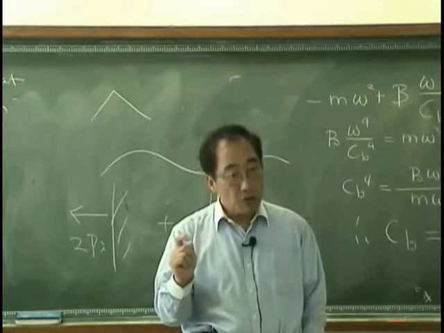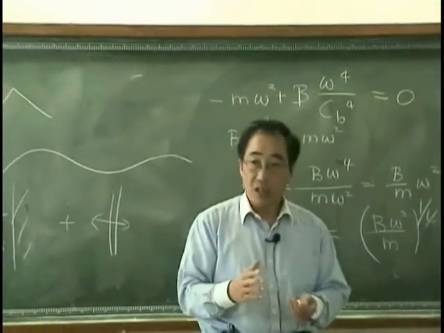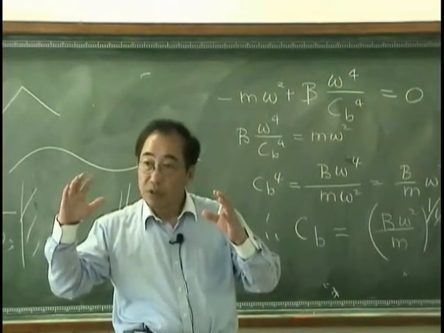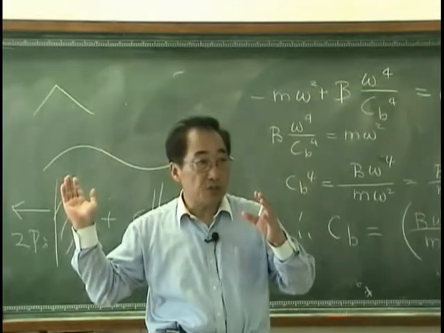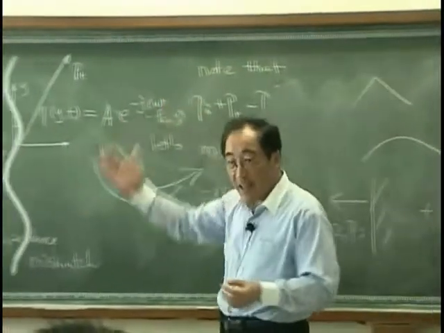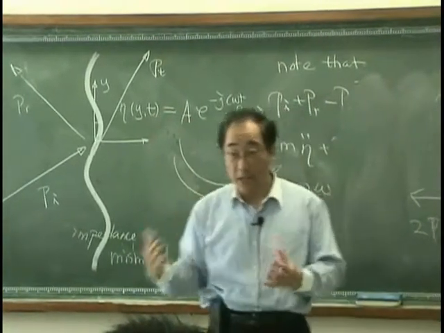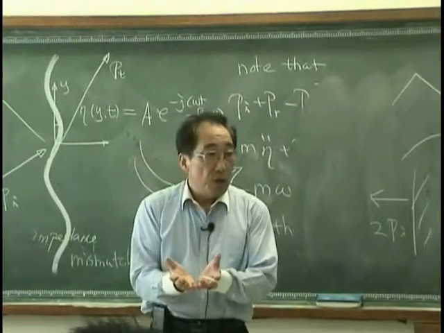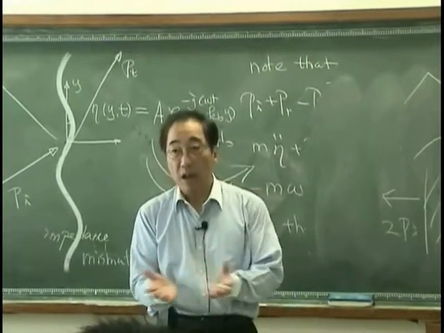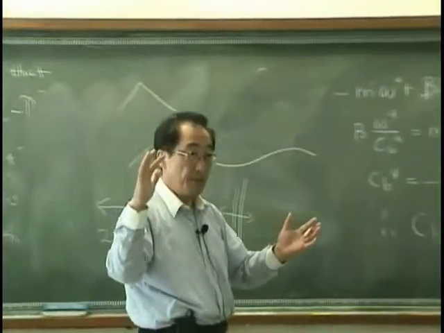Next question is, what if a flat surface of discontinuity has a certain shape? The flat surface of discontinuity we have learned is like a flat impedance mismatch. But I am asking you, what if the surface of discontinuity is no longer flat but has some geometrical shape in space?